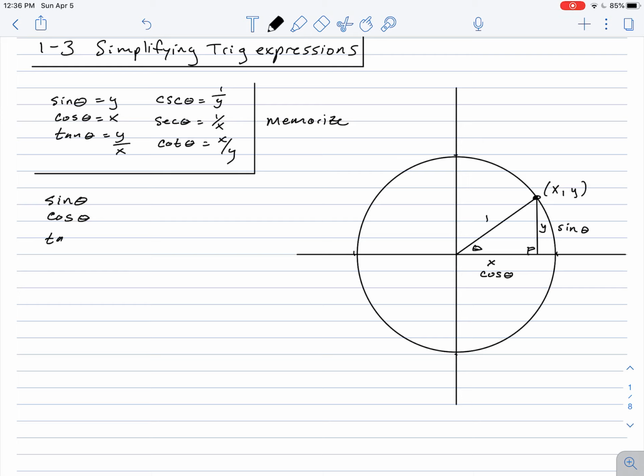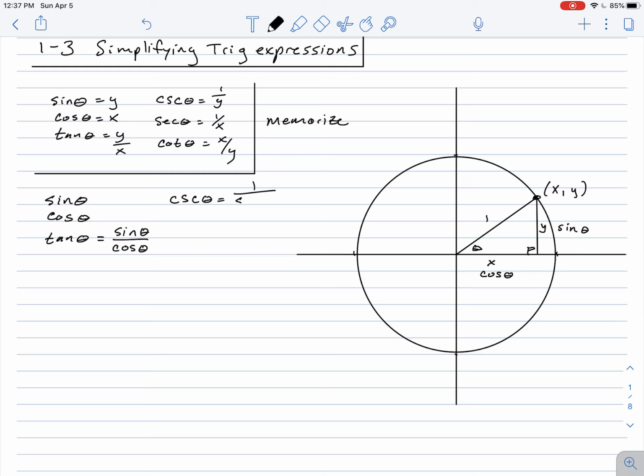And tangent now, instead of looking at it as y over x, I'm going to define it as what is y? Well, y is sine. So tangent is sine over the x value, which is cosine. Okay? Similarly, we can say that cosecant, it's 1 over y, but y is sine.